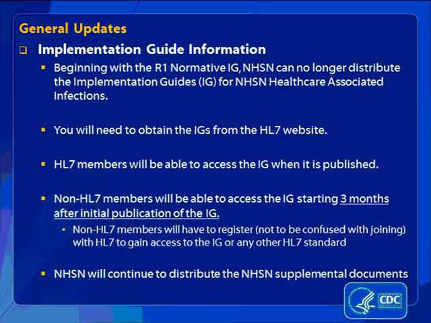Non-HL7 members will be able to access the IG starting 3 months after the initial publication of the IG. Non-HL7 members will have to register, which is not to be confused with joining HL7, to gain access to the IGs or any other HL7 standard. And we will continue to distribute the NHSN supplemental documents.